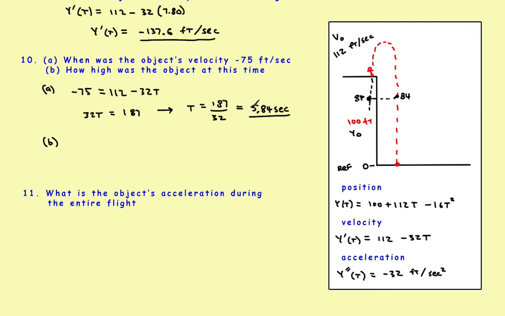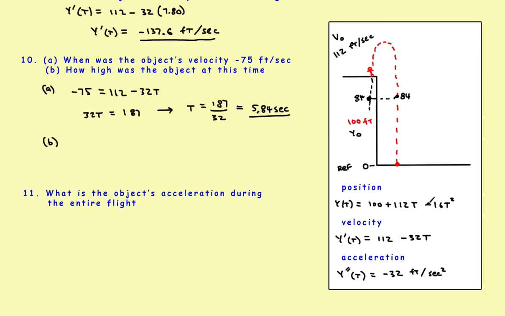So you know when it hit that velocity, but the question is, how high was it at that instant? So again, it wants to know something about the object's position, so this time use the position equation. You want to know how high the object was 5.84 seconds after you threw it.